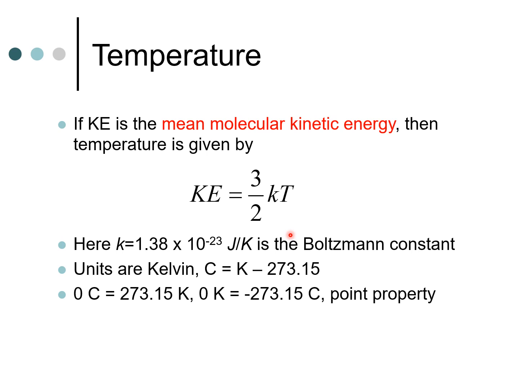Just to remind you, centigrade is Kelvin minus 273.15. For example, if we are at 0 degree centigrade, then that corresponds to 273.15 Kelvin. And if we are at 0 degree Kelvin, that's minus 273.15 C. So again, temperature is a point property and 0 Kelvin is very, very cold.